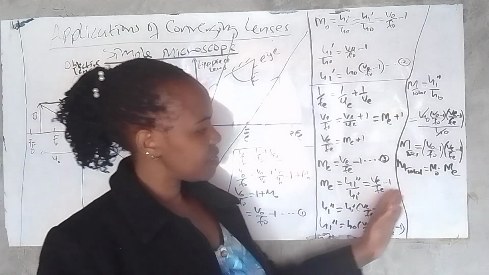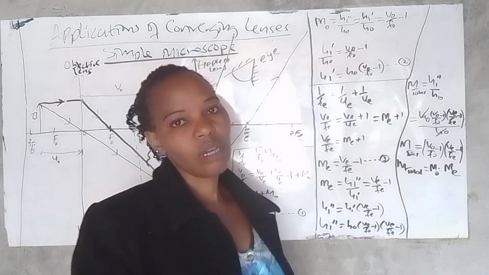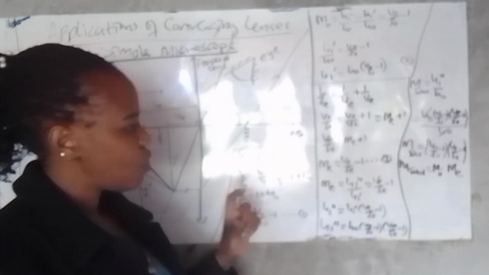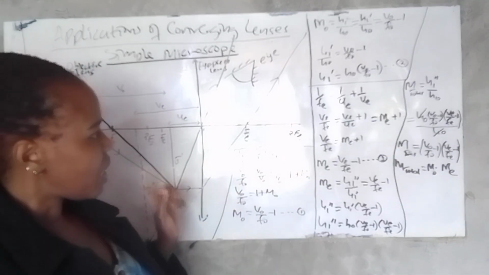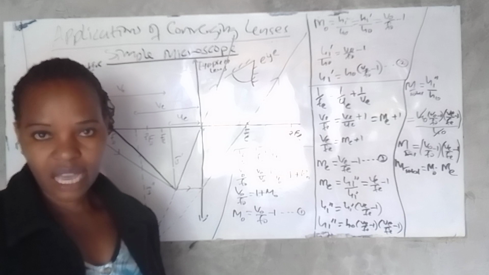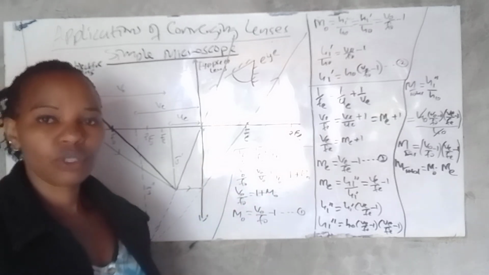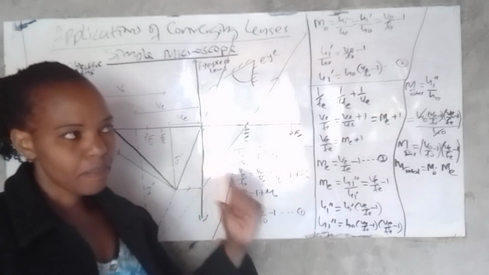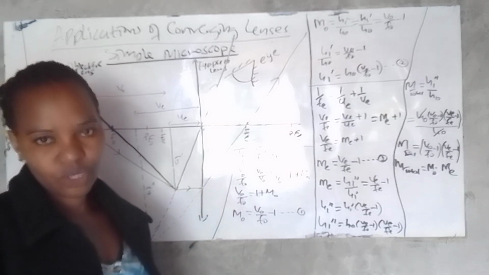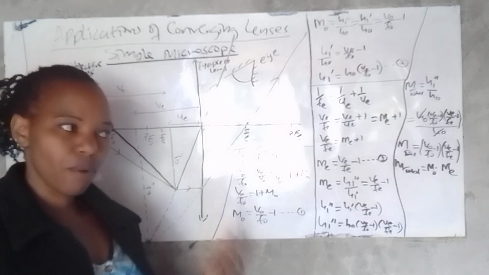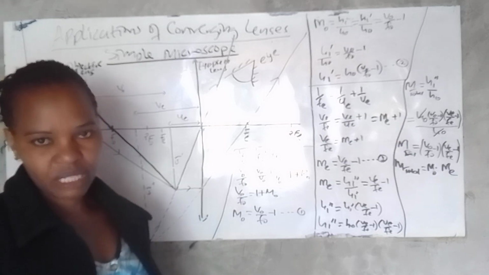And that is the magnification in a microscope, where there are two magnifying glasses. One we call the objective lens and the other one is the eyepiece. And the total magnification of the object is the product of the magnification of the eyepiece multiplied by the magnification of the objective lens.